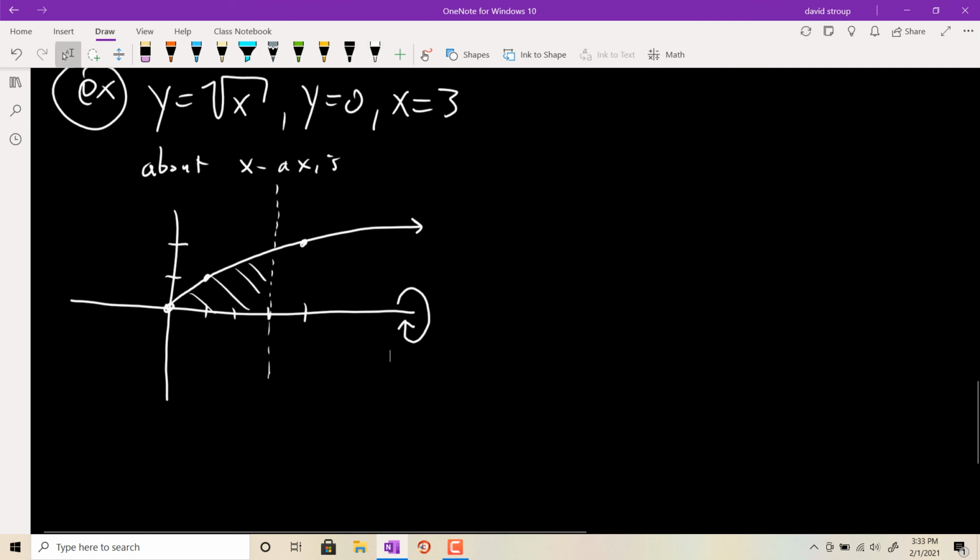The end picture, and of course you don't have to draw these pictures out, but I think sometimes it's a little helpful, is this thing.